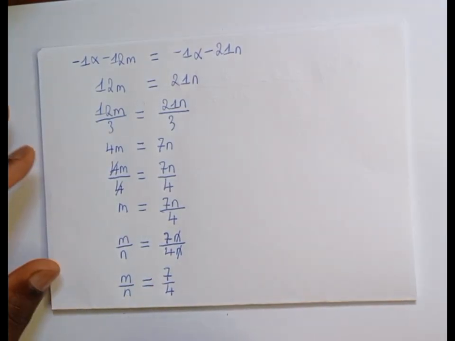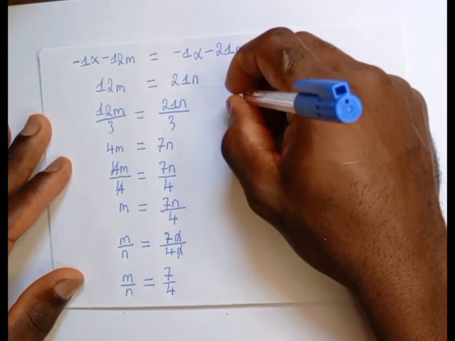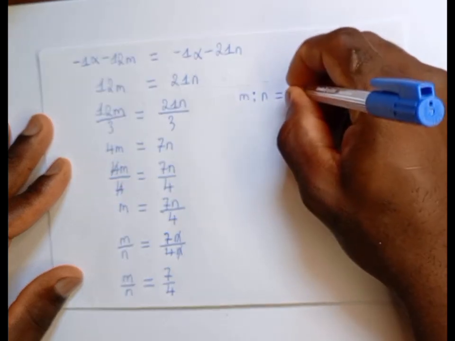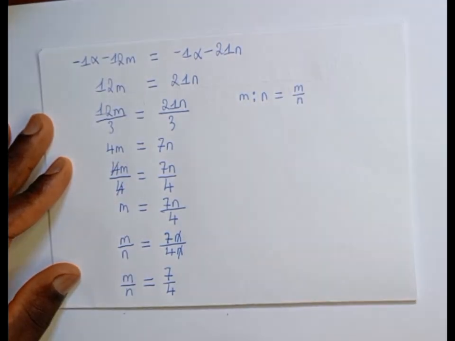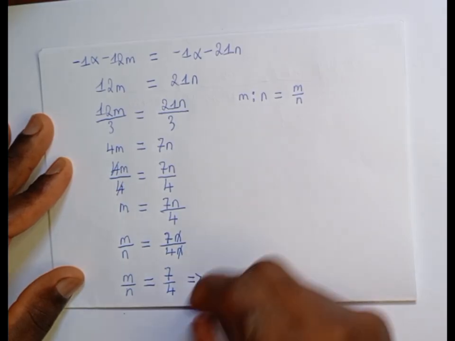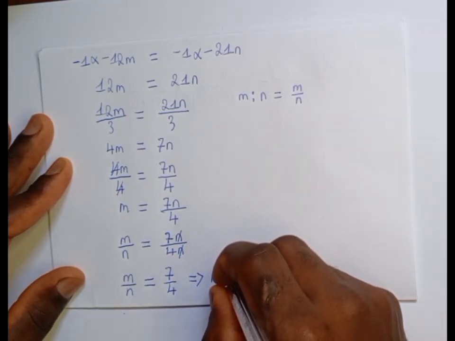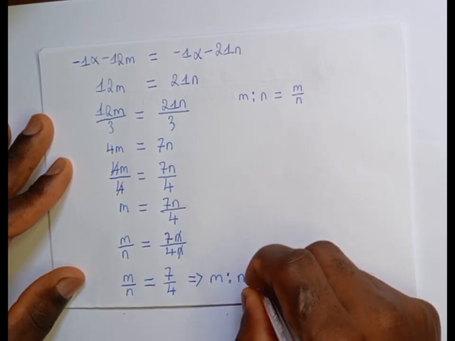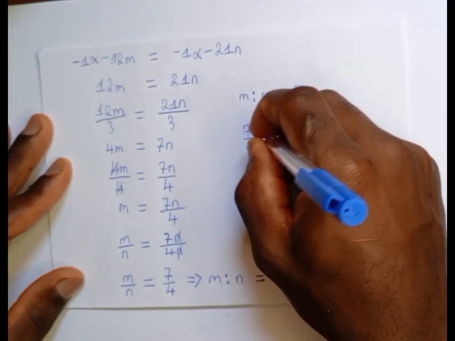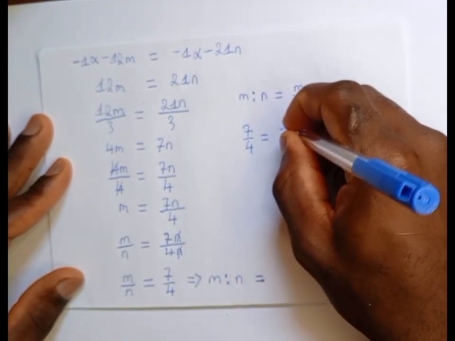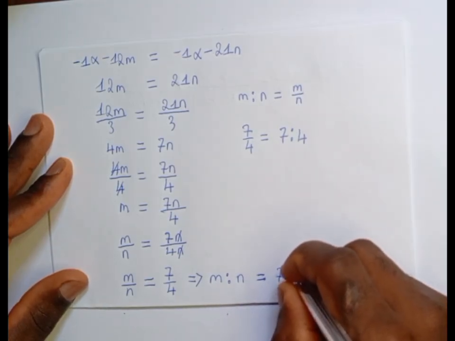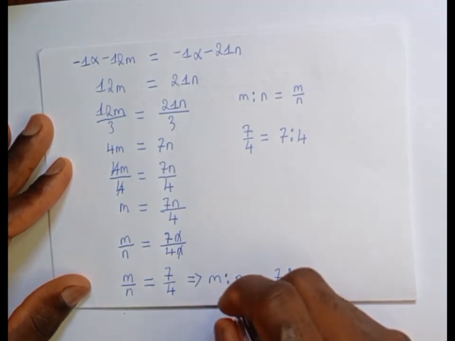m over n is the fractional form of the ratio m is to n. This is the fractional form. This will simply imply that m is to n is equal to the fraction 7 over 4, as a ratio is simply equal to 7 is to 4.